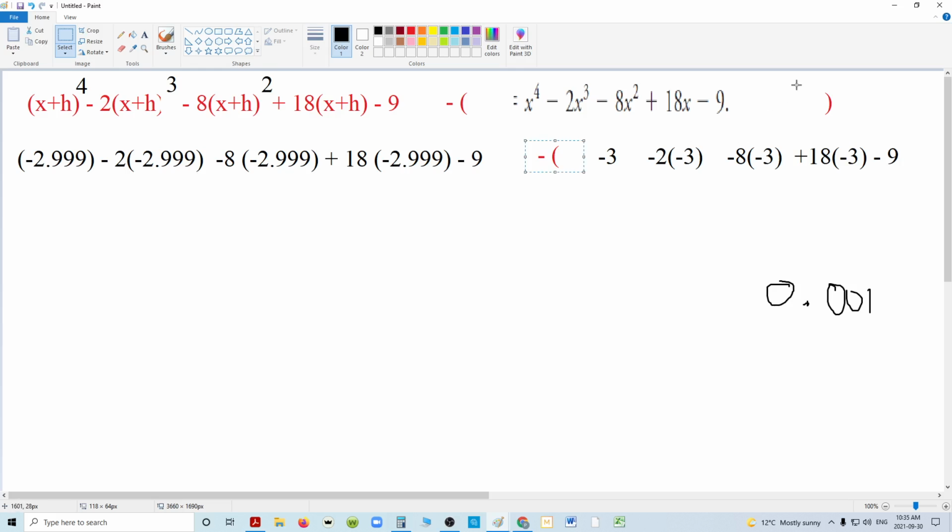Very important, because this minus will affect every single symbol over here. So it's clear this is going to be positive, and this minus will make it minus. It's clear this is going to be positive. Oh, not yet. I got to put the numbers in there.